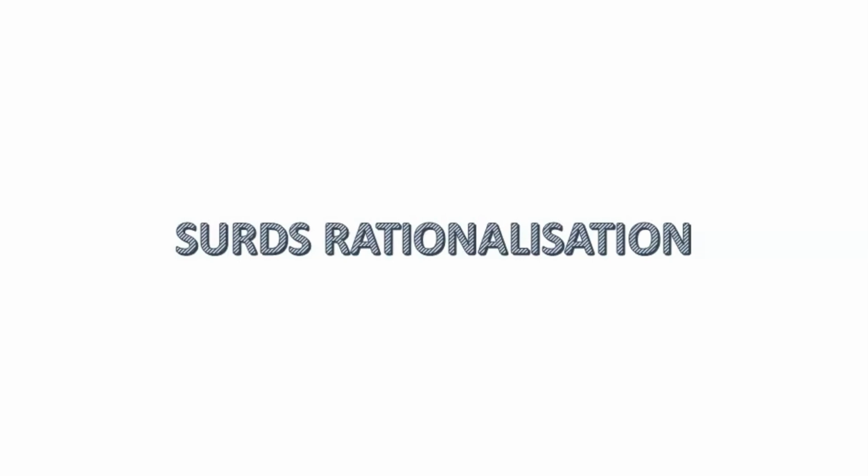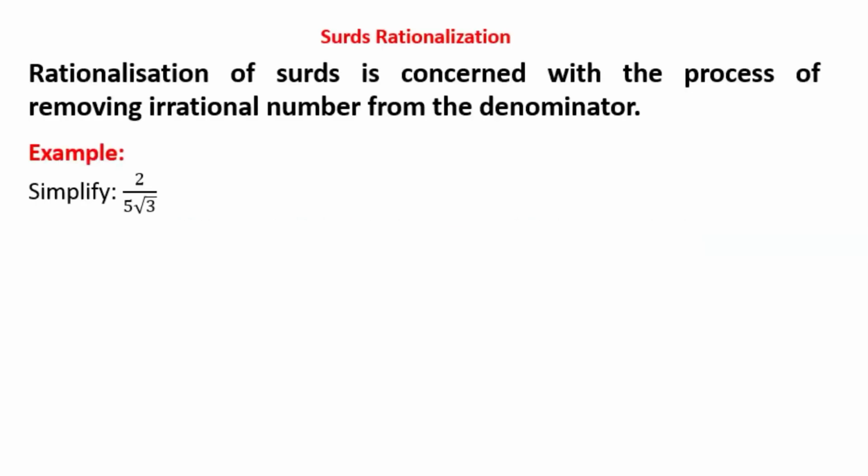Now we are trying to make sure that we have a denominator. You see, the target is the denominator. Whenever you are rationalizing a surd, we are saying the rationalization of a surd is concerned with the process of removing the irrational number from the denominator.